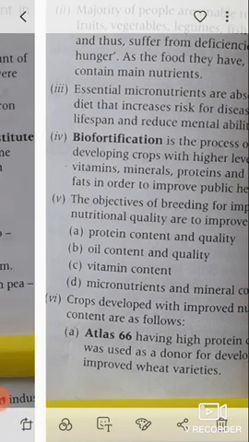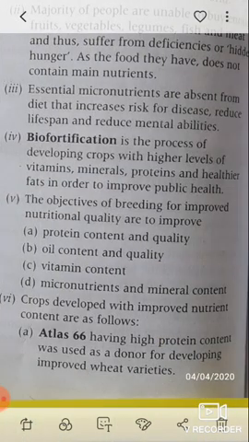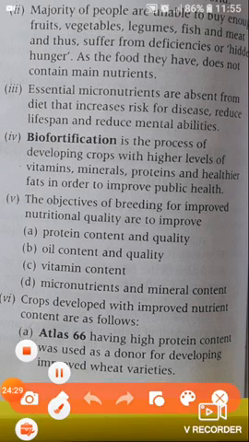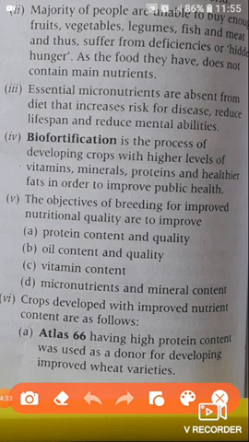For example, Atlas 66 is a specific variety of wheat which contains protein.